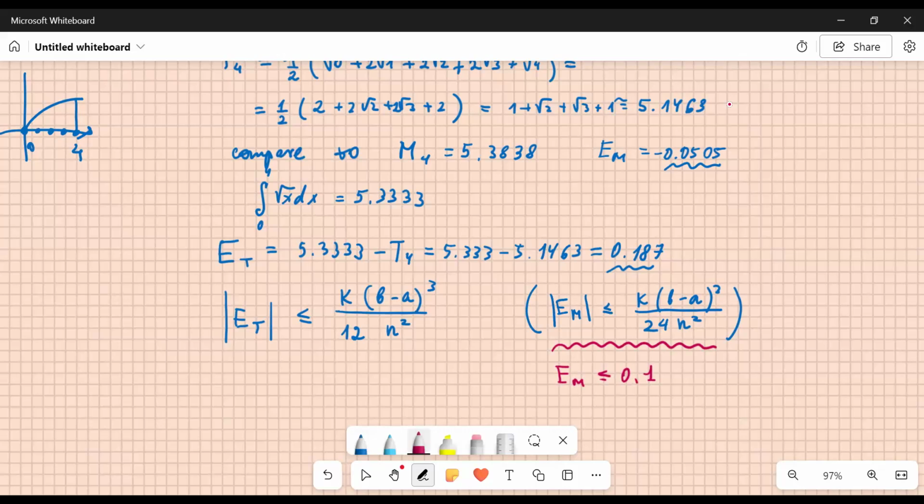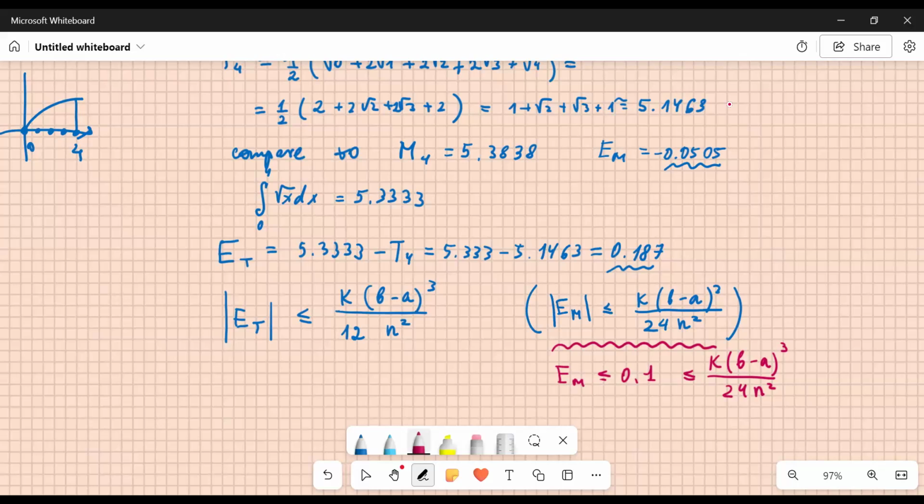Then if I make this number less than the formula, then my error is going to be less than what I need. I want my error to be less than 0.01, for example. So I can use my formula.